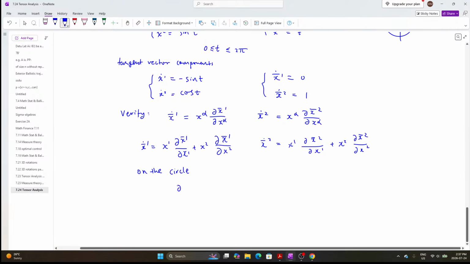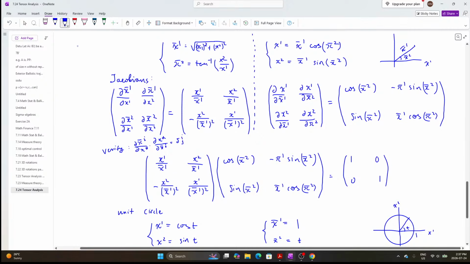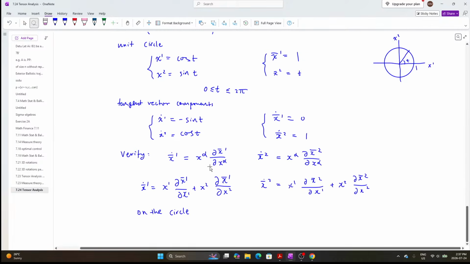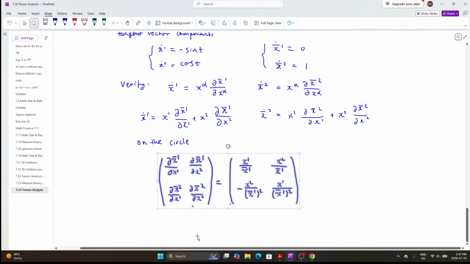On the circle, let's write down the Jacobian. We want bar over unbar, so that's the first matrix. Let's put it here. On the circle, what happens? Of course, on the circle the radius is 1.